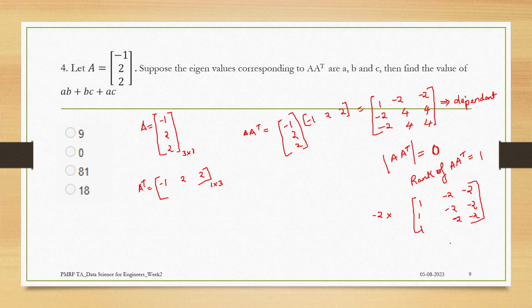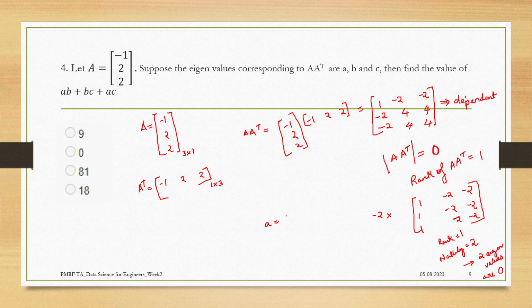If the rank is 1, then the nullity will be 2 according to the rank nullity theorem. Here rank is equal to 1, nullity equal to 2. So there are 2 eigenvalues which are 0. I think you have seen this in your lecture. So A, B, C are given as the eigenvalues.